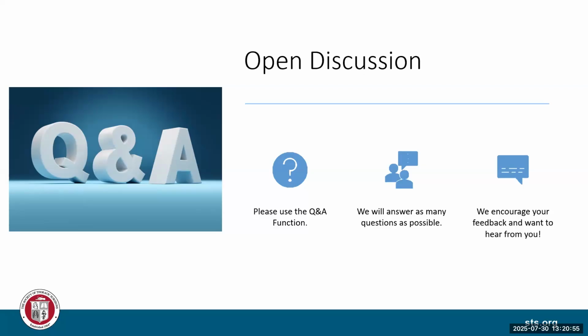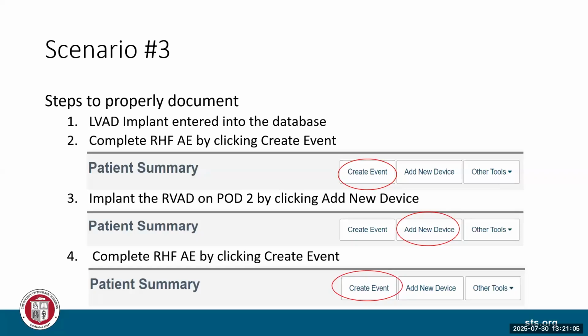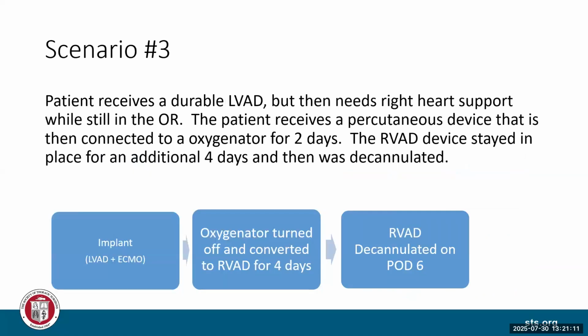Okay, can we please go back to scenario 3? So scenario 3, the patient gets a durable LVAD and receives a temporary RVAD connected to an oxygenator in the same OR visit. So it would be an LVAD plus ECMO on the implant form.